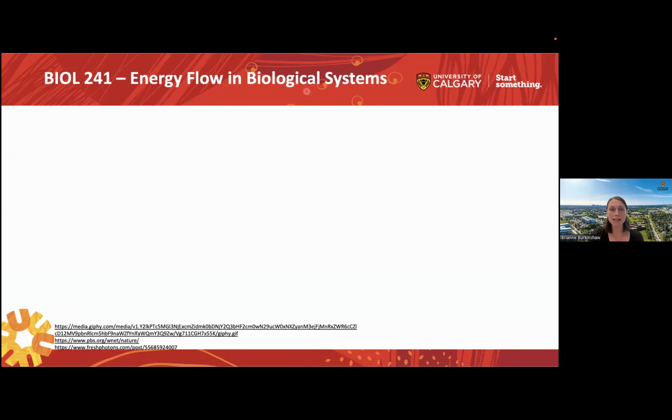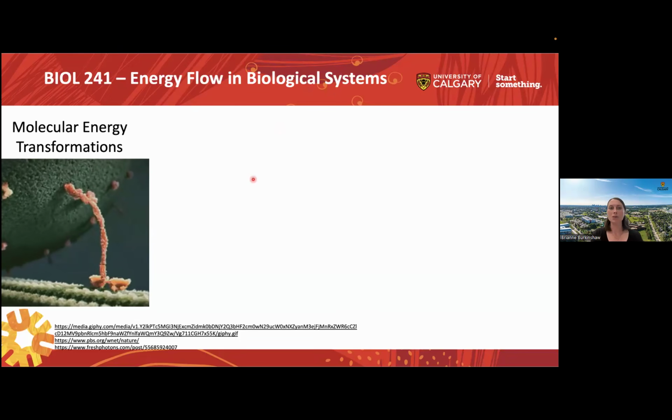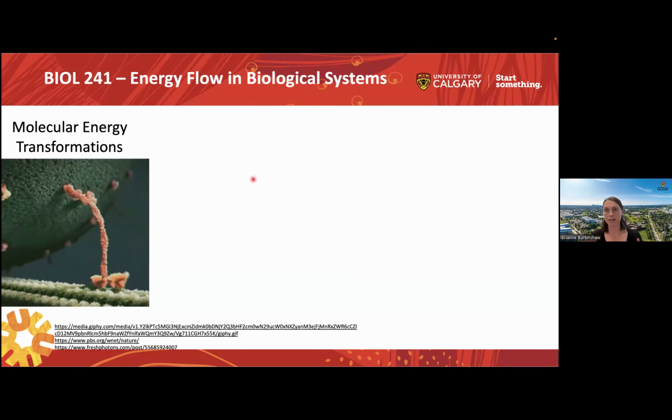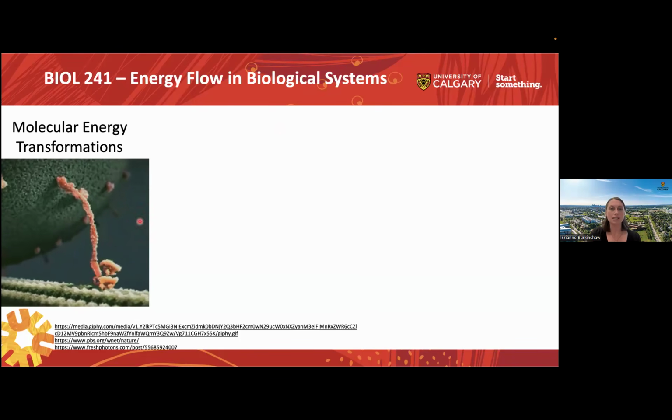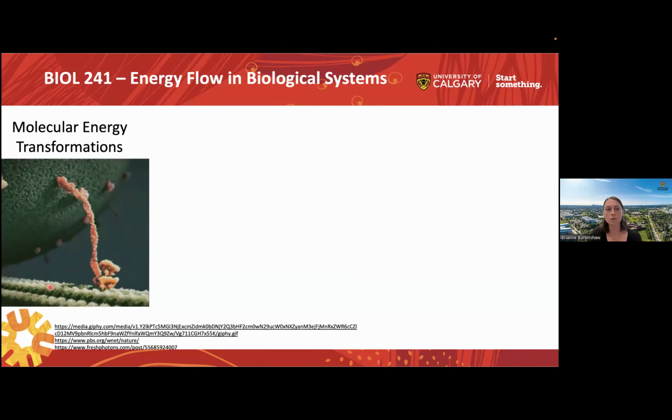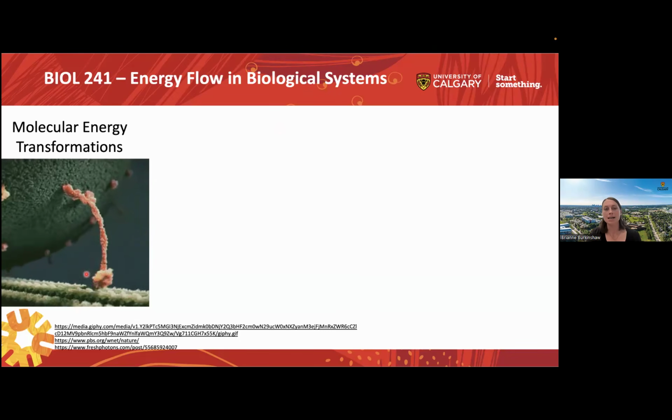We're focused on energy transformations, and we start small. We start at the molecular scale, thinking about the energy transformations that happen at this level. The video that we're seeing here is a protein called kinesin in pink. This protein looks like it's walking along this microtubule that's present inside a cell.